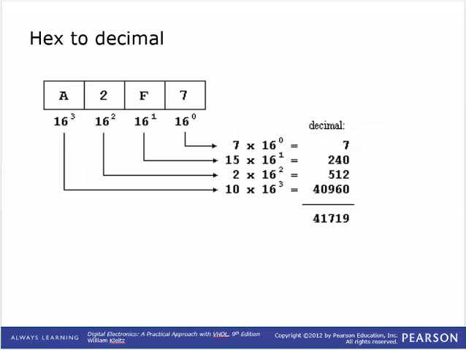So, hexadecimal conversions. I'm going to show you the hard way, and then I'm going to show you the shortcut way. Here's the first way, which is the hard way, with weighting factors. Remember, our weighting factor is 16, so everything is going to be a power of 16: 16 to the 0, 16 to the 1, 16 squared, 16 cubed.